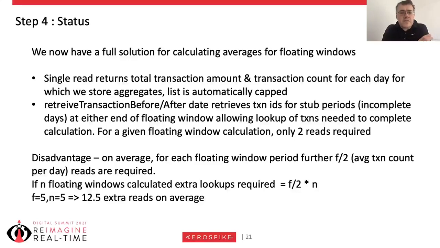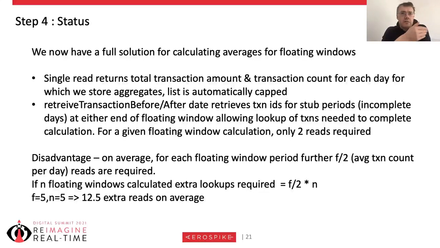We need to take account of these stub periods if we're working with floating averages, and this new way of updating, of creating the transaction lists, and then the functions that I showed you that retrieve correctly from the transaction lists, allow us to accurately and optimally get all the information that we need. So we've completed the mandate, if you will, which is the plus.